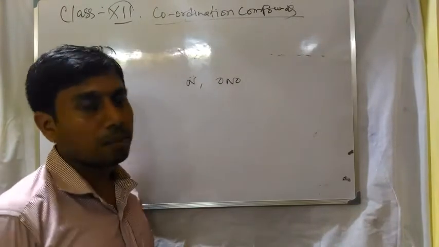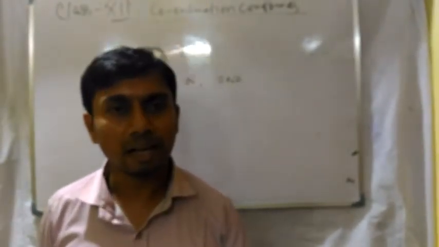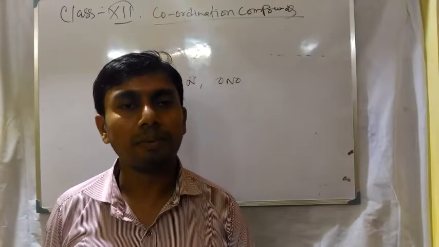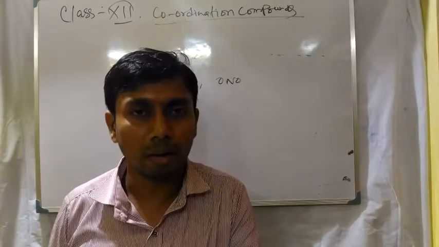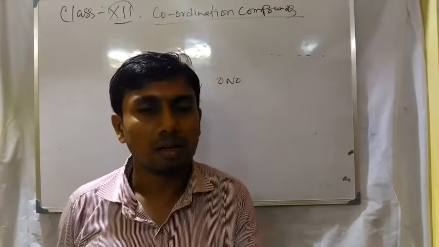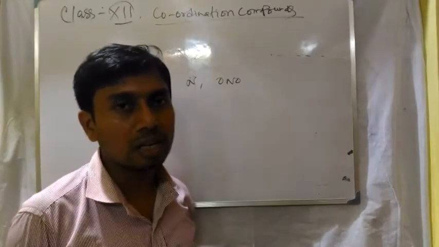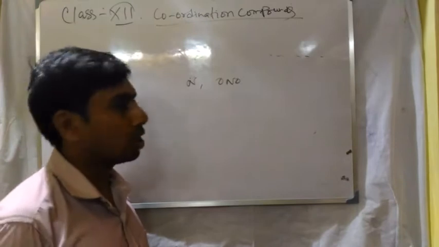This type of isomer is known as linkage isomer, when the same ligand attaches to the central metal atom but with a different donor center. The first one is nitro, with N as the donor center, that is nitro-N. Another one is nitrito-O.